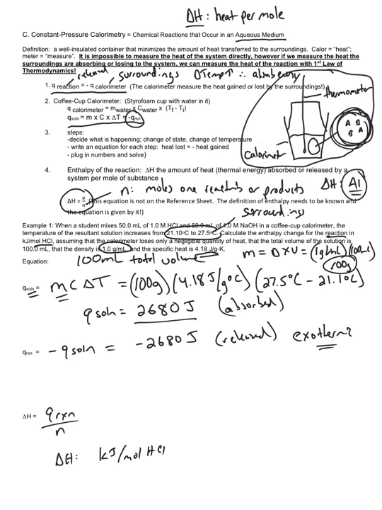All right, so I have negative 2,680 joules. How many kilojoules is that? Need to divide by 1,000. So it's negative 2.68 kilojoules. Okay, we reacted 50 milliliters of 1 molar HCl.